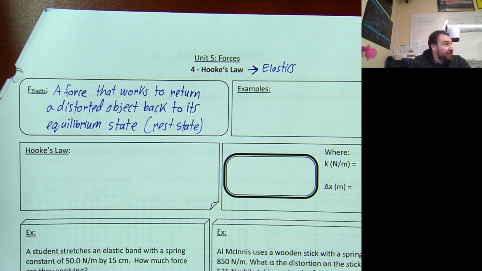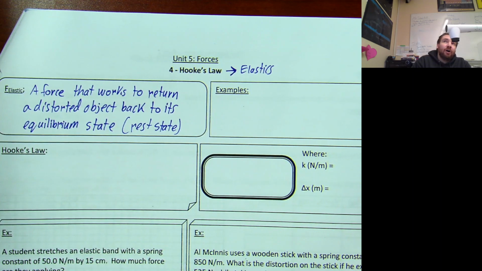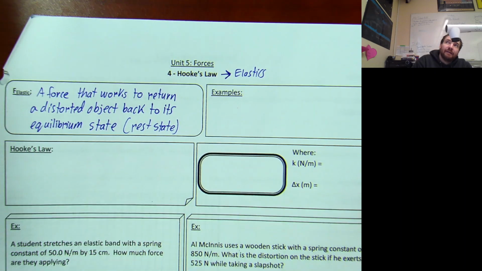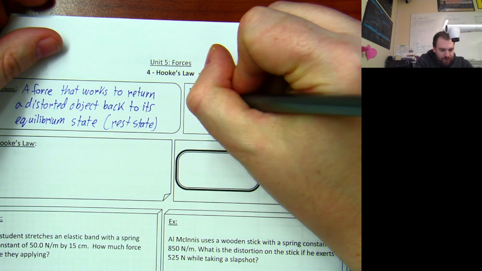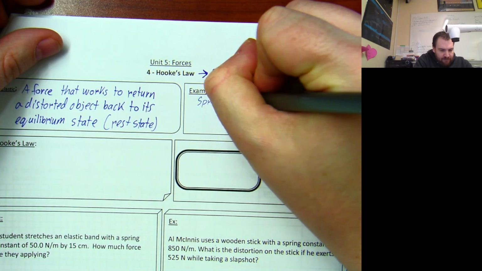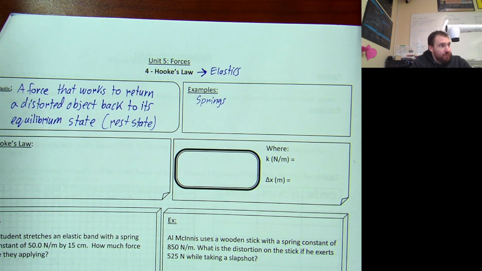And lots of things are elastic. Some things are obviously more elastic than other things. Examples of objects that are elastic. Springs. Sure. When you yank on a spring, the spring yanks back on you to a point. Does anyone ever mangle the slinky so that it doesn't slink anymore?